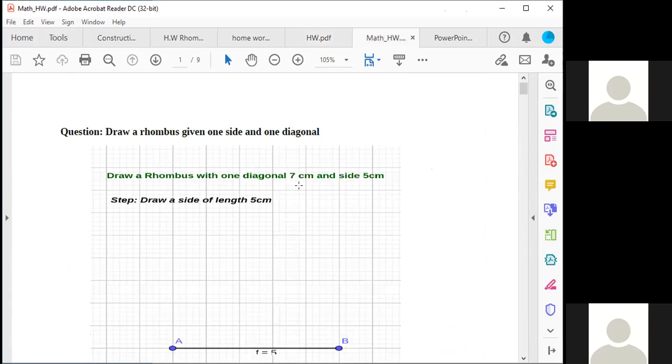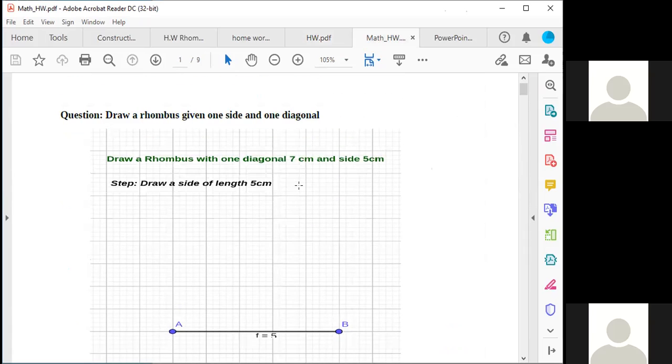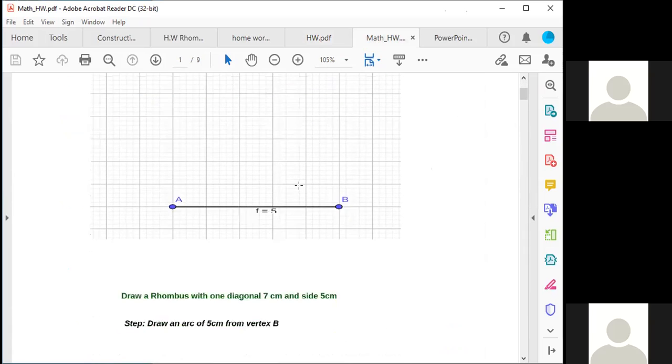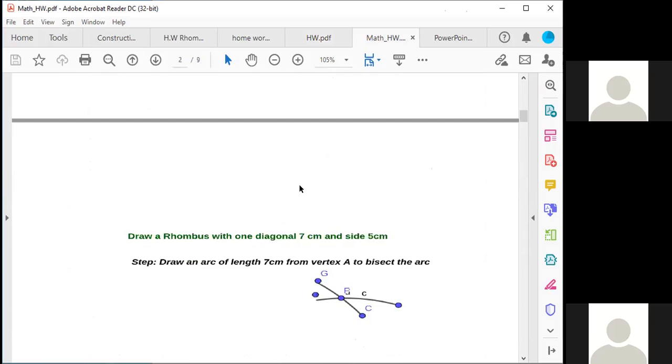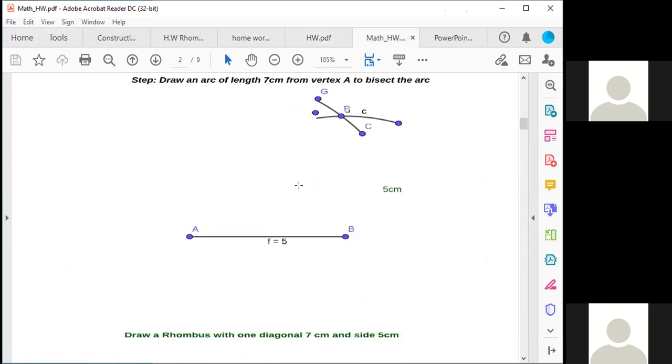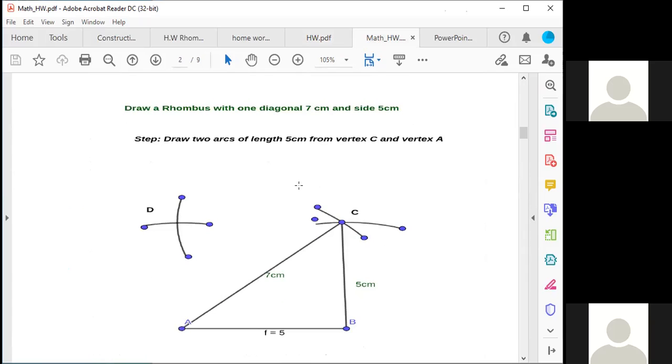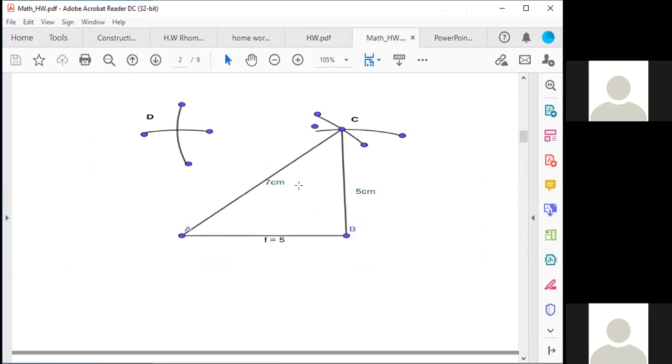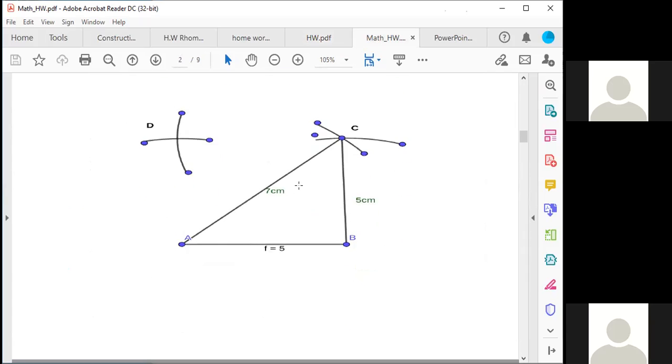Okay, now this one is again diagonal and side, and again similar. The comment I have regarding this is, it looks like it has been, you know, can you tell me what is wrong with this picture? Anybody?